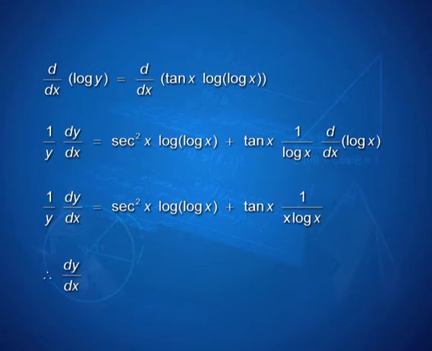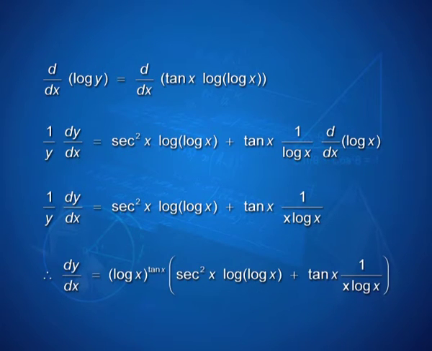Taking y to the right hand side, I get log of x raised to the power tan x into sec square x log of log x plus tan x into 1 by x log x. Not much gets simplified in this case. So, obviously, we would not worry too much about the simplification.